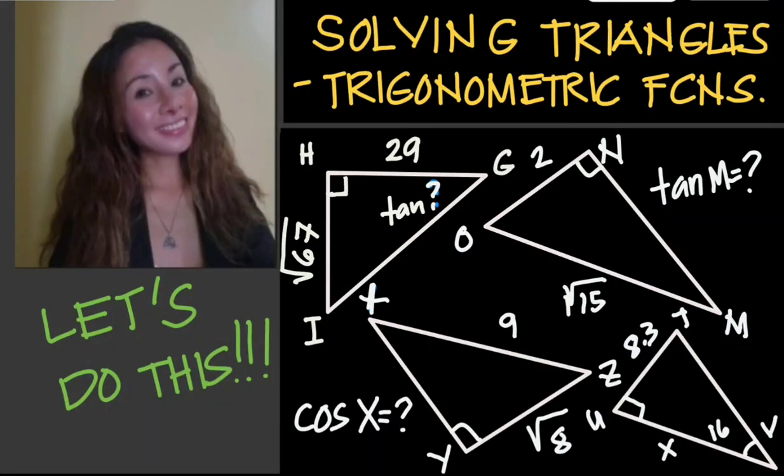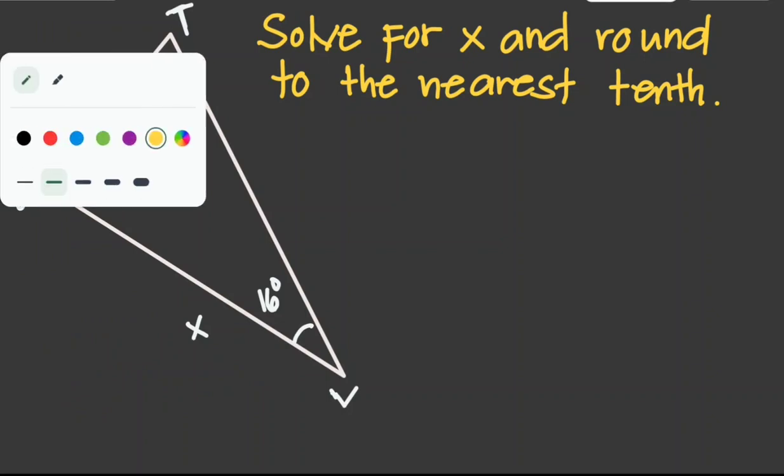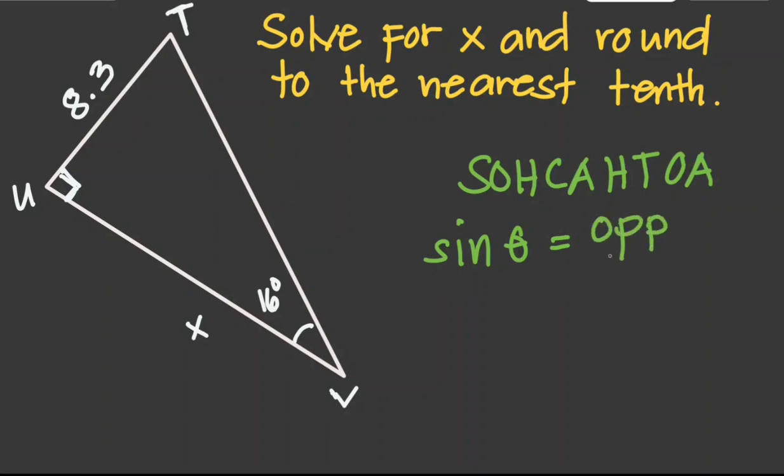Let's solve some triangle problems here using trigonometric functions. So let's recall SOHCAHTOA. To find the sine of an angle, it should be the opposite side over the hypotenuse.